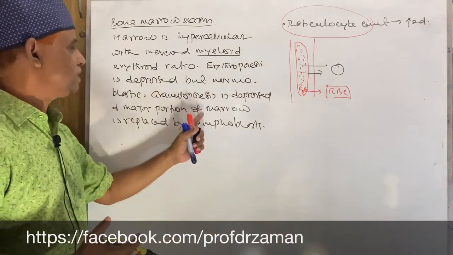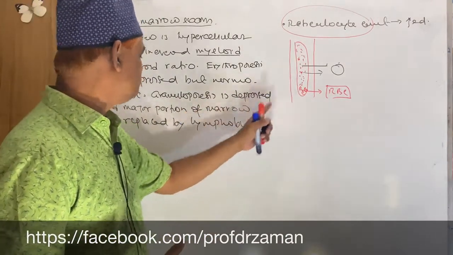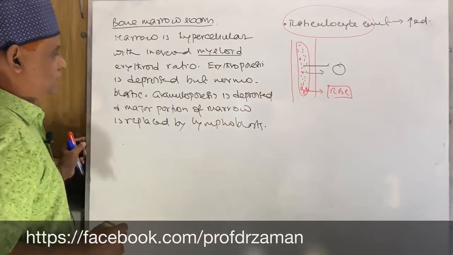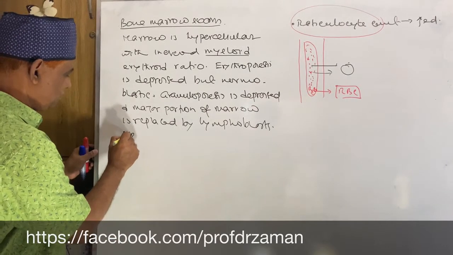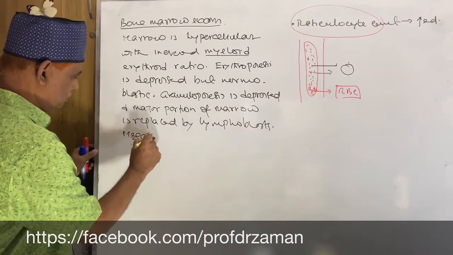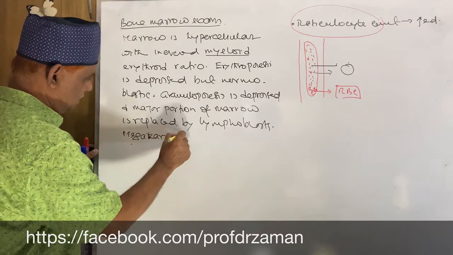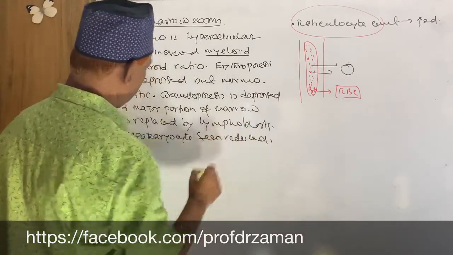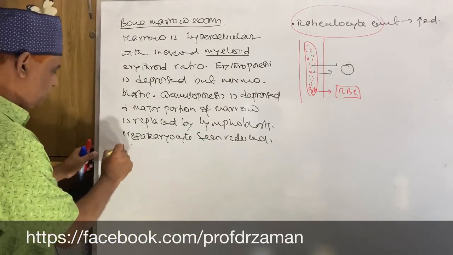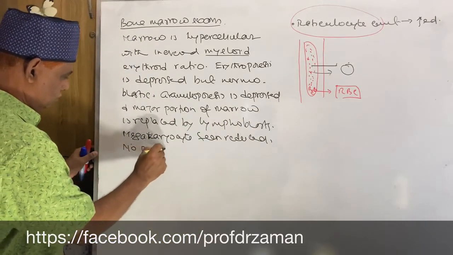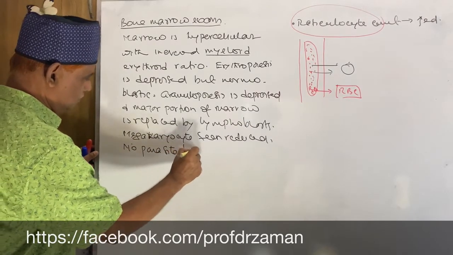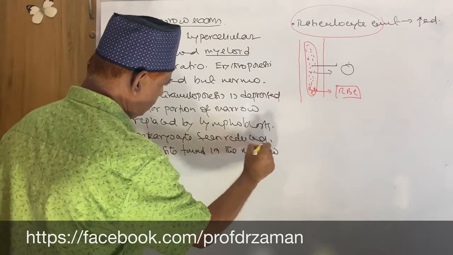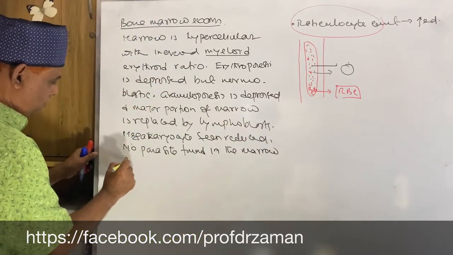As granulopoiesis is depressed, the major portion of the bone marrow is replaced by immature cells, that is lymphoblasts of the lymphoid series. Then megakaryocytes are seen reduced, no parasite found in the marrow examined.